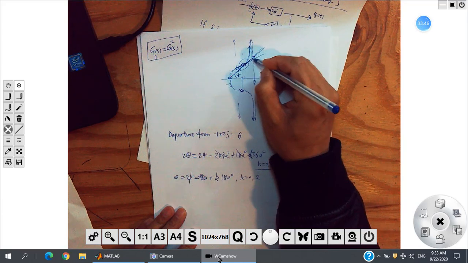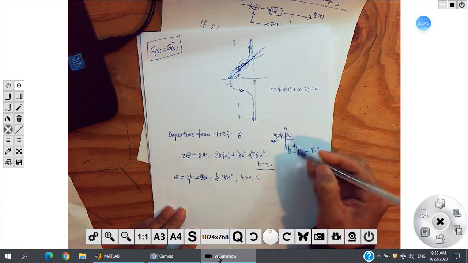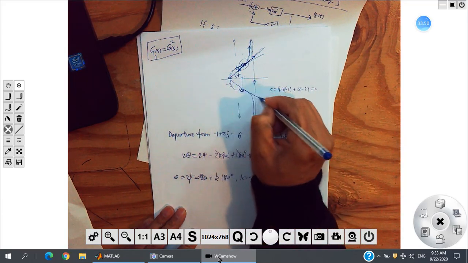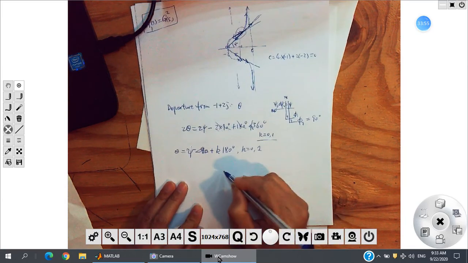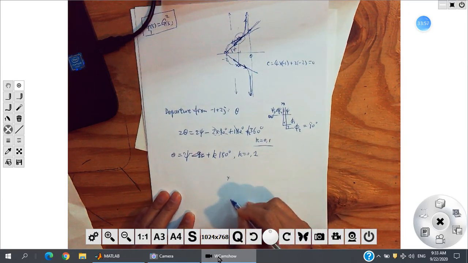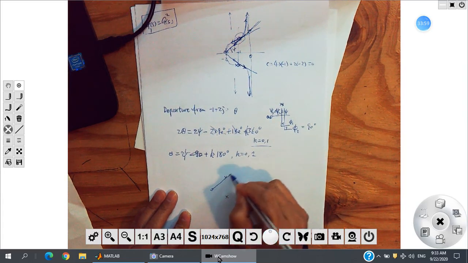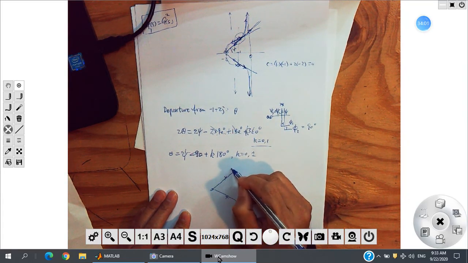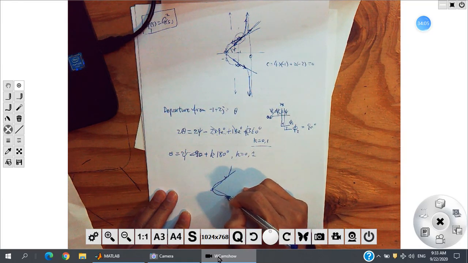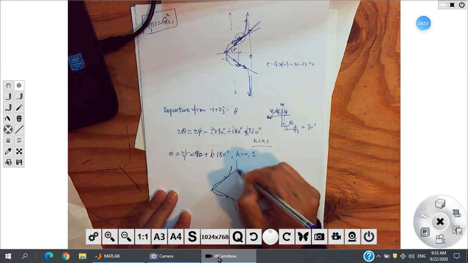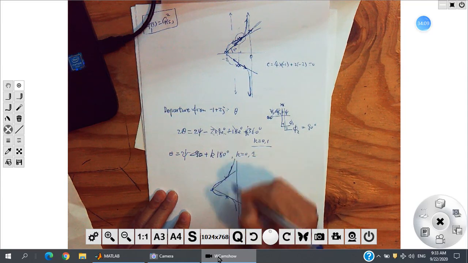Similarly at this place, 1 is here, 1 is here. So the curve will be like this. I have a crossing at 0, and here we'll go to positive and negative infinity, coming up and down.